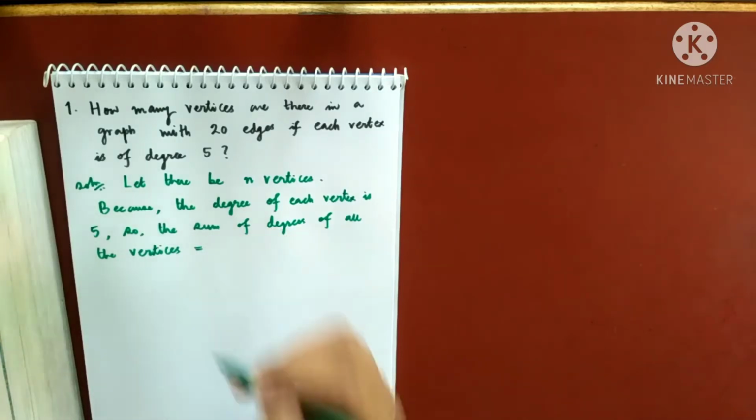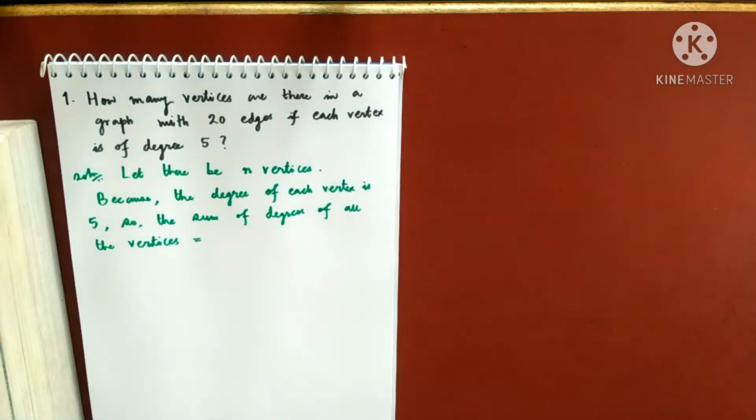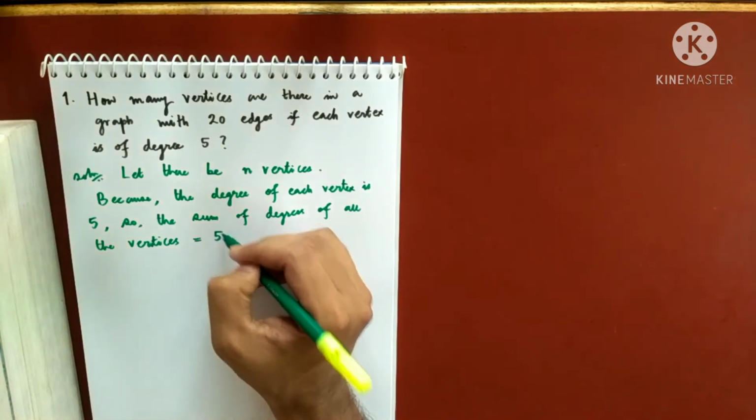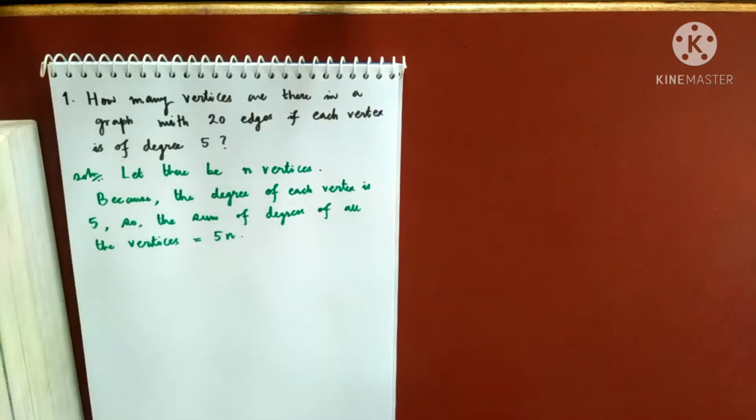The degree of each vertex is 5 and there are n vertices, so the sum of all the degrees is definitely 5n, because you have to add 5 n number of times.